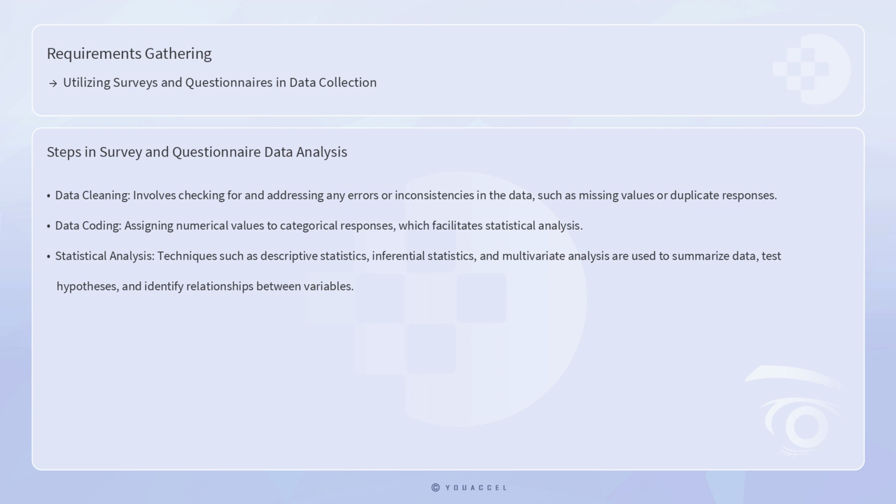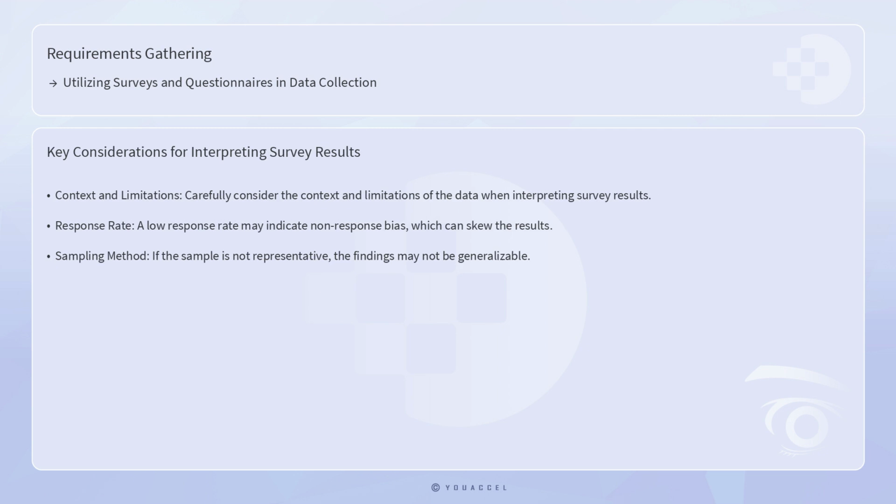For example, descriptive statistics, such as mean, median, and standard deviation, provide a summary of the central tendency and dispersion of the data, while inferential statistics, such as t-tests and chi-square tests, allow for comparisons between groups and testing of relationships. The interpretation of survey and questionnaire results requires careful consideration of the context and limitations of the data.